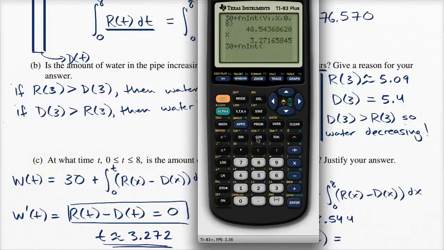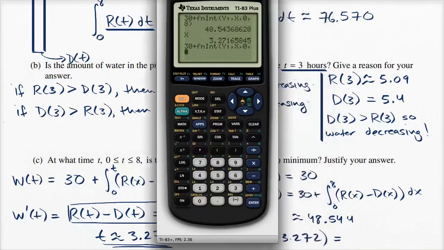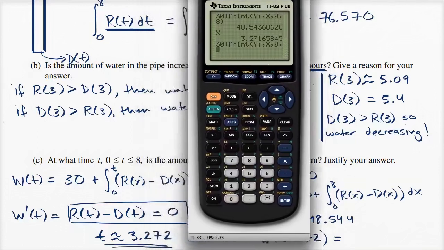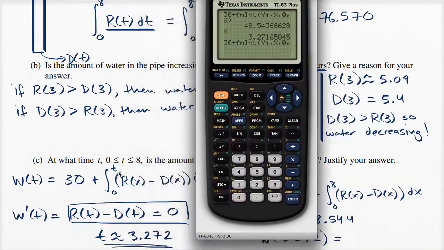And once again, we have y1. So let me go to my y variables function. y1, we already defined that as r of x minus d of x. Our variable of integration is x. Our lower bound is 0, and our upper bound is 3.272, which we stored in the variable x.